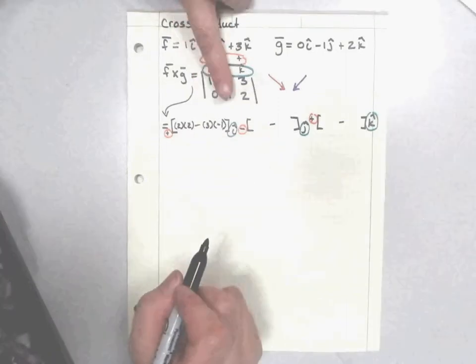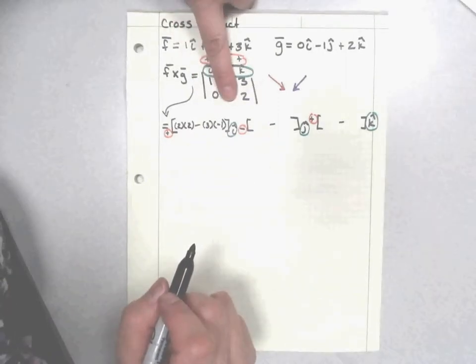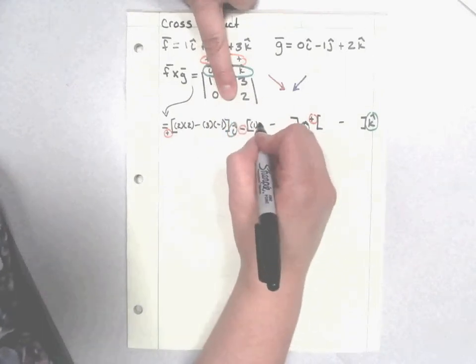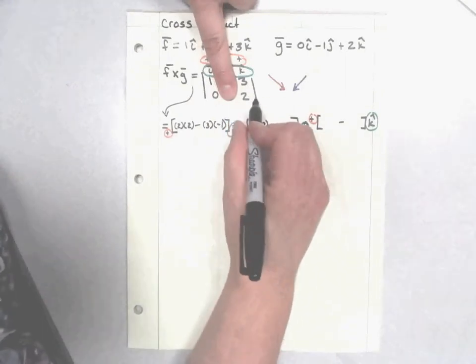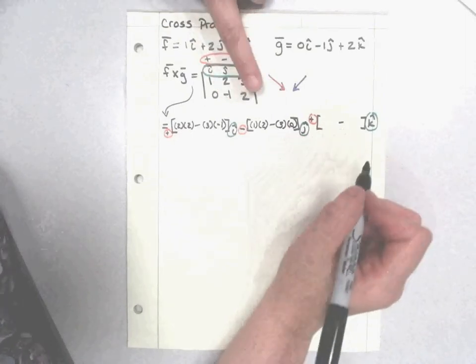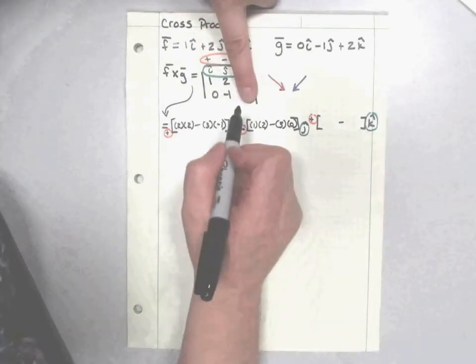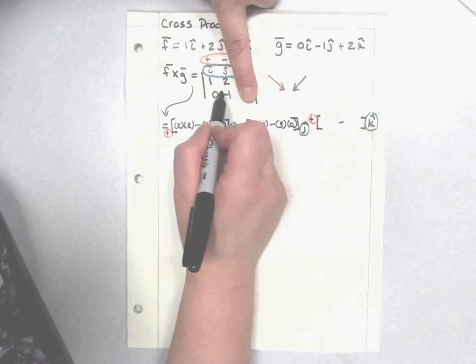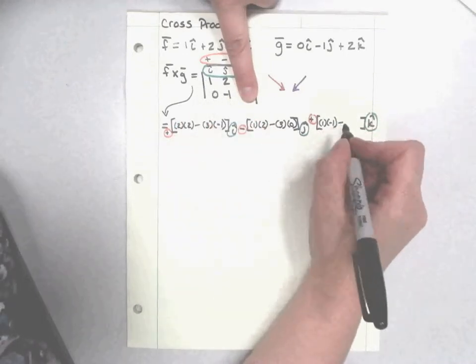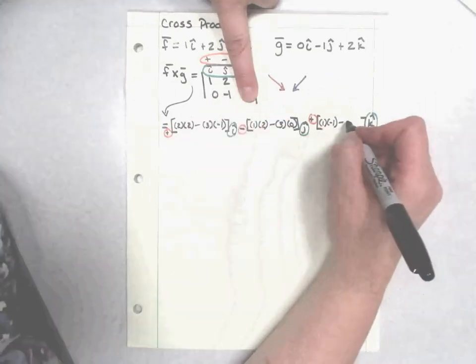When I'm looking for j, I cover up j, and I have 1 times 2 minus 3 times 0. And when I'm looking for k, I cover up k and I use i and j, so 1 times negative 1 minus 2 times 0.